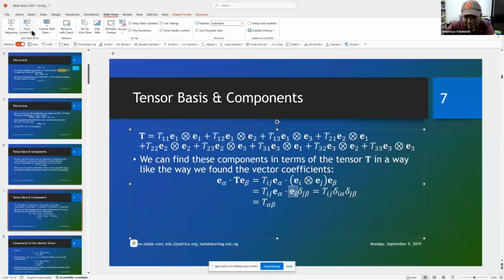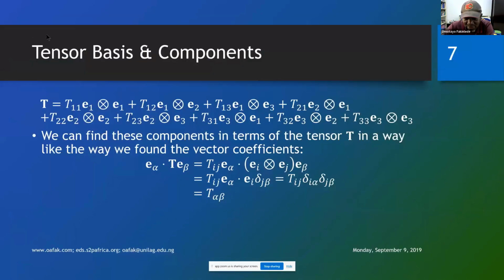I hope everybody can understand what is happening here, because we get delta j beta since Ej dot E beta is delta j beta, and then Ei is left as a vector. If you do E alpha dot Ei, it gives you delta i alpha.